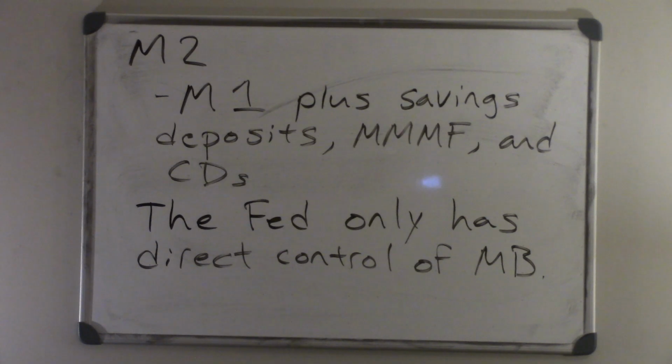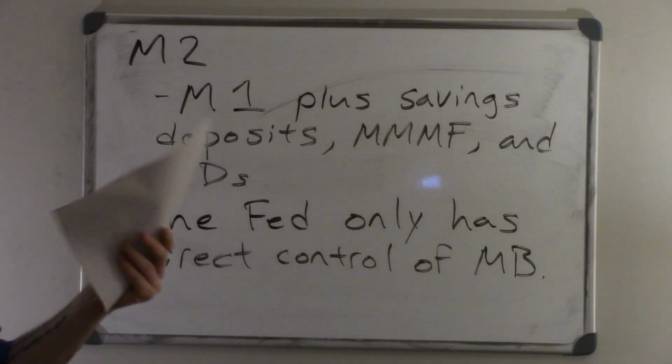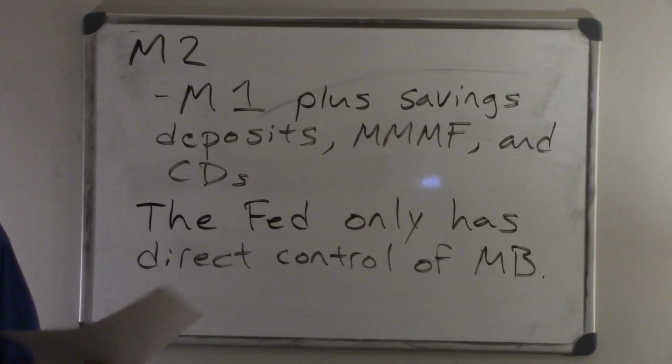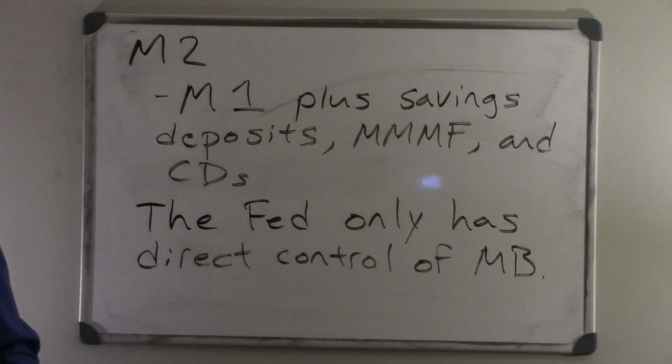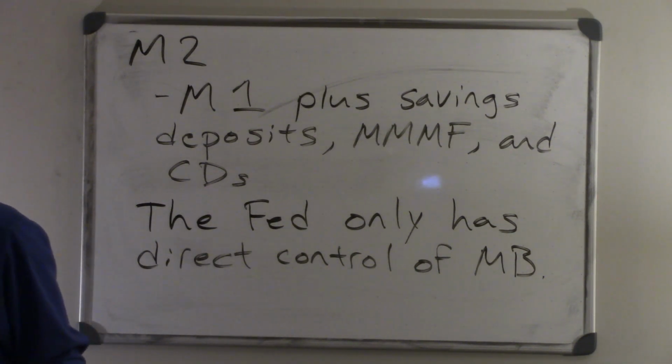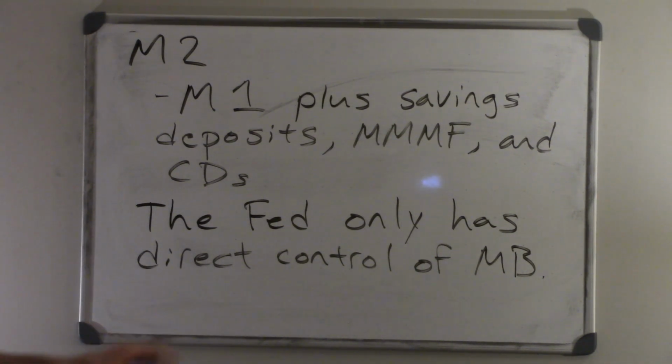Since they are the ones that are holding those total reserves, and they are the ones that create money and issue currency, they have direct control of that monetary base. But M1 and M2 can make up a much larger portion of the money in total.